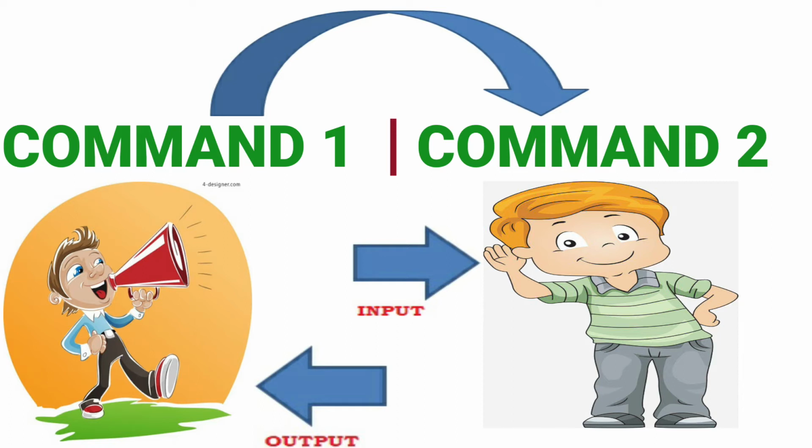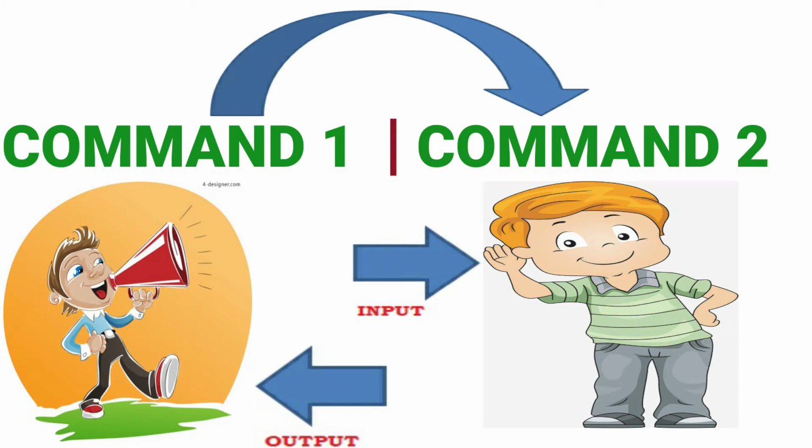So what does it do? Command 1 processes the information, and whatever information command 1 has produced is transferred as an input to command 2. That is, the output of command 1 acts as an input to command 2.